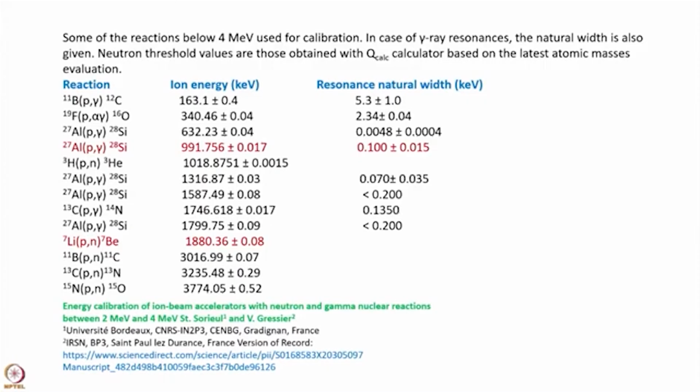Of course, these resonances are available at various energies, so even accelerators up to 100 MeV have been calibrated, and energies have been determined using these resonances. Not only these resonances, even non-resonant experiments can be used for doing this. But resonances are better and they give much better values of energy.